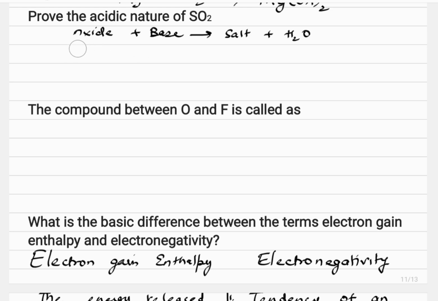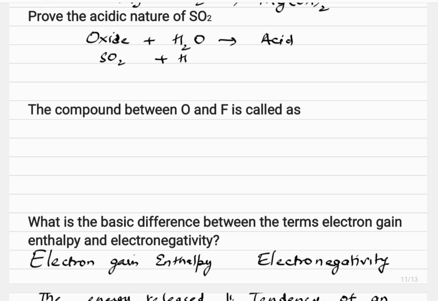In that case, what you do is take the oxide and make it react with water and show the formation of acid. So SO2 here combines with water to give you H2SO3, and this is sulfurous acid. Okay, this is how you show the acidic nature of any oxide. Now, next question.